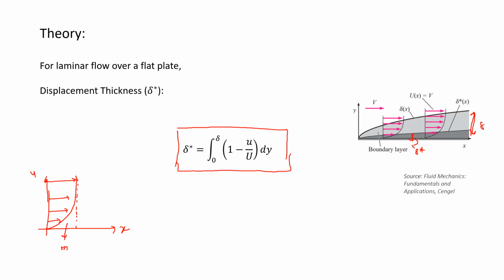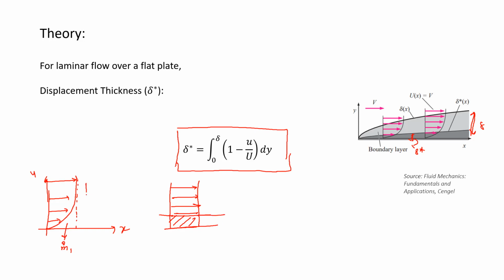Let's call it m dot 1. Now, what if you had a constant flow over some kind of depth?